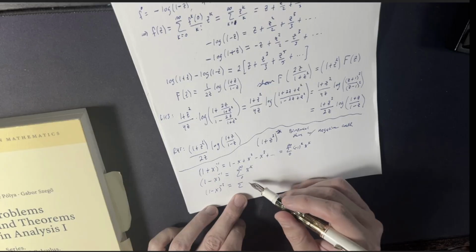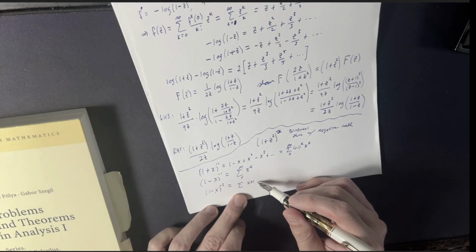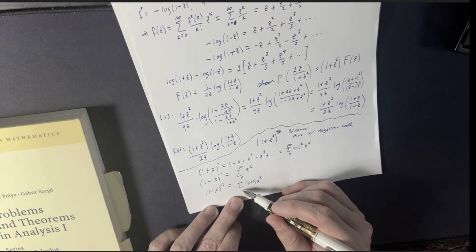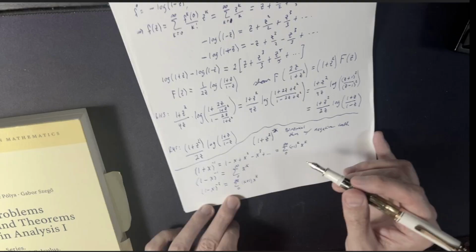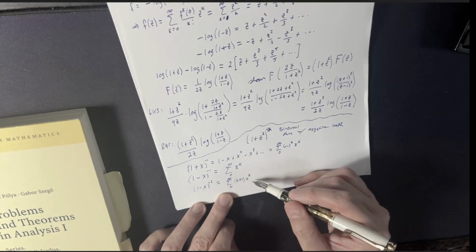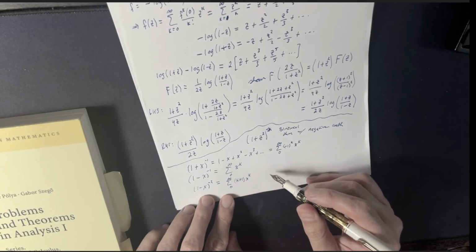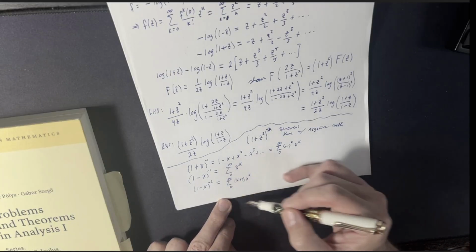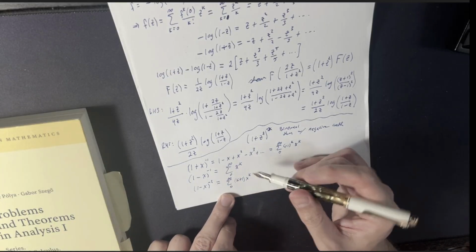So if we re-index, we could write it as k plus 1 x to the k, is usually what we do. And then we could still start at 0, we don't lose anything, because that first term, the derivative was 0, it goes away. So here's a formula for just this one. If you do it again, you're going to see a 2 popping out on the left-hand side, so you're starting to see that we need to divide by a factorial.